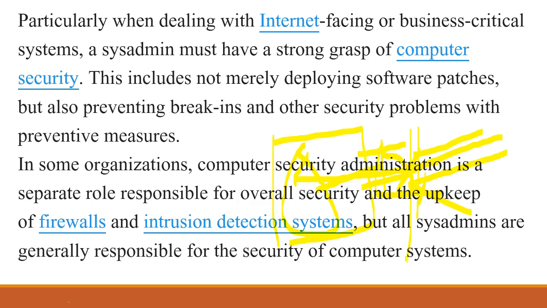They will be doing firewall work and monitoring the intrusion detection system. If anything unwanted is coming, they will apply certain policies, whether the firewall should allow it inside your organization or not. Apart from this, it is not only the security administrator team that should take care of this, but it is a duty of all system administrators, whether working in a big company or a small company.